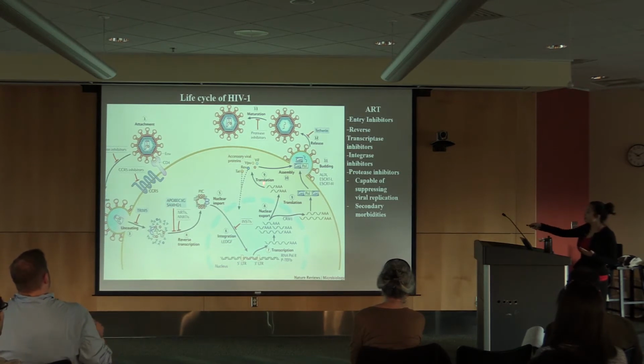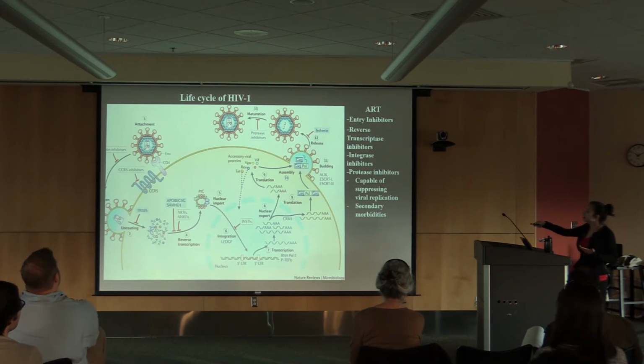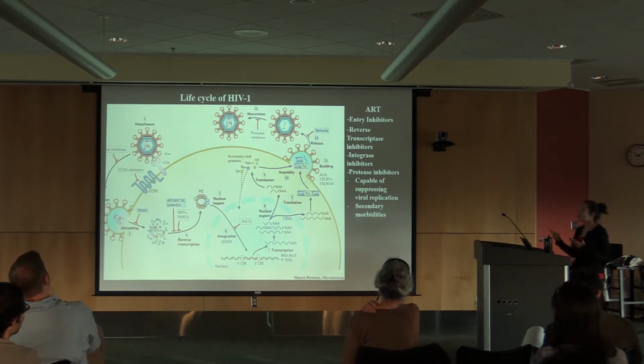And REV will actually come back into the nucleus and help translocate large messenger RNA into the cytoplasm to produce proteins like GAG and POL. After all of these proteins are produced, they migrate to the cell membrane where it starts to bud off and eventually will mature into an infectious virion. So from there, the virus can continue to infect other healthy cells.